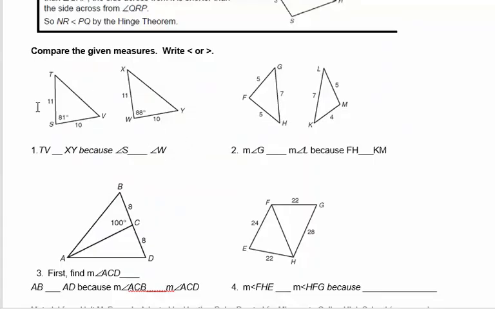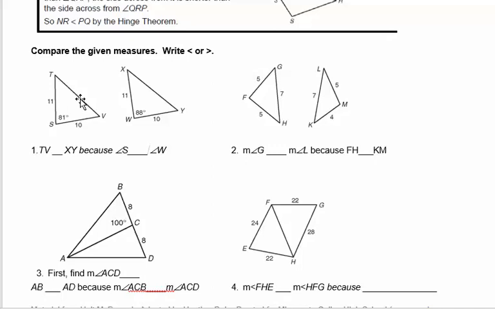All right, so in number 1, we have that side ST is congruent to side WX and side SV is congruent to side WY, because those two are marked 11, these two are marked 10. So we're able to use the hinge theorem. We are supposed to compare the length of side TV with the length of side XY.